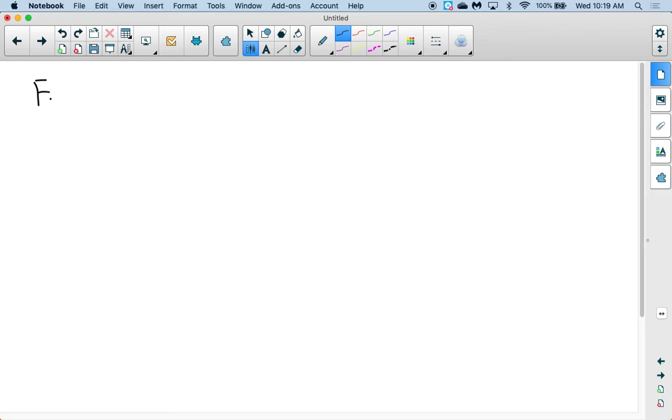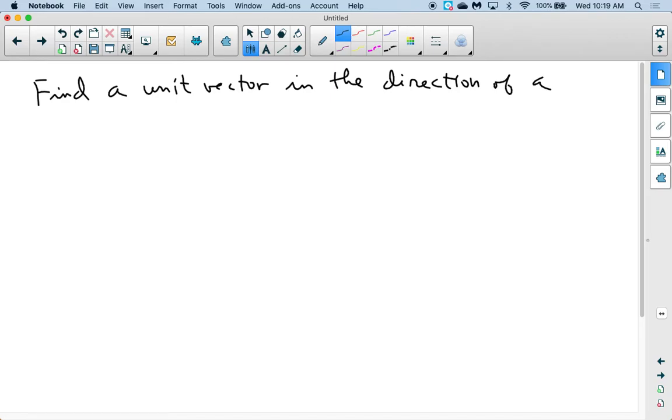Finding a unit vector in the direction of a given vector. Okay, this is a very important skill, if you will, to be able to do. So let's talk about this.